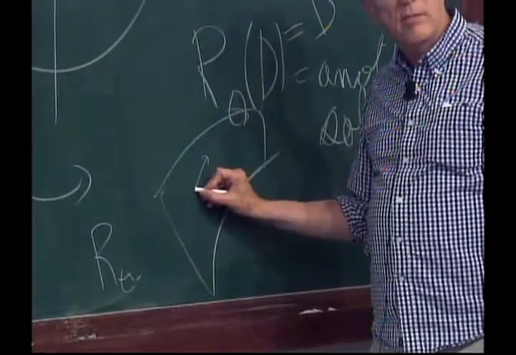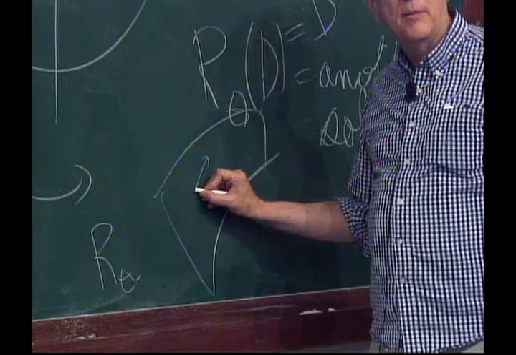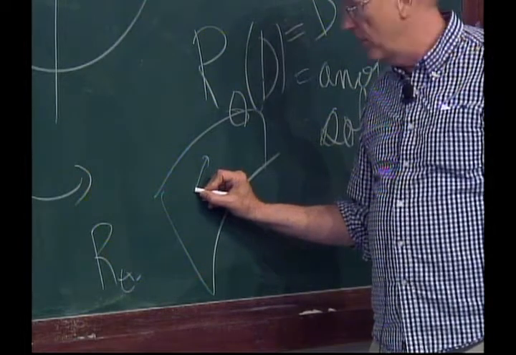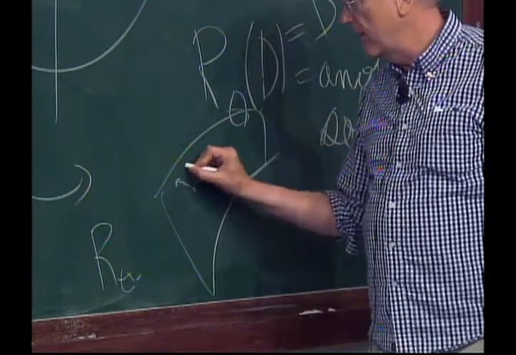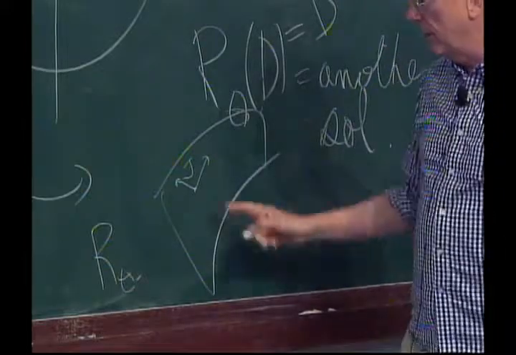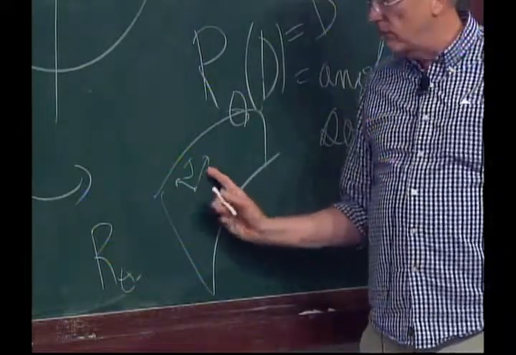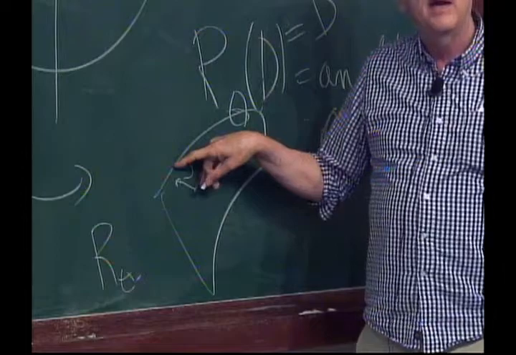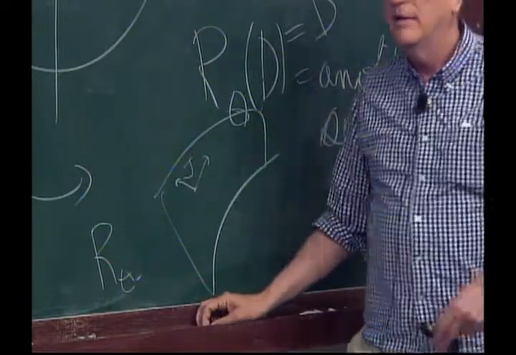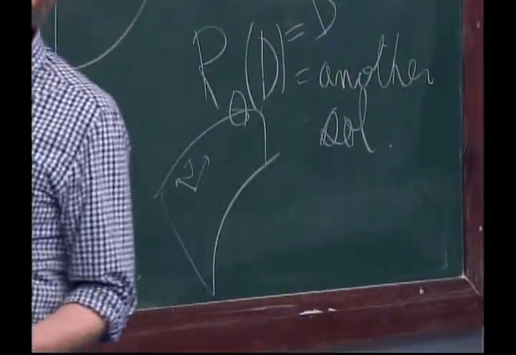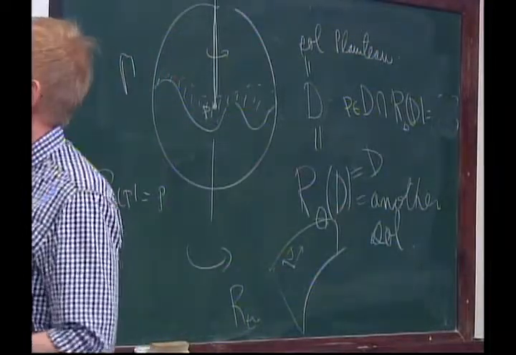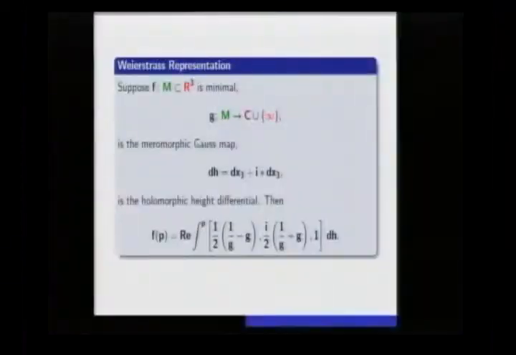And by taking inner product with a vector, you get a one form. So if we're orientable, I can just rotate that vector by 90 degrees. If I rotate dx3 by 90 degrees, that's called the Hodge star operator, that little star. That gives me another harmonic one form.